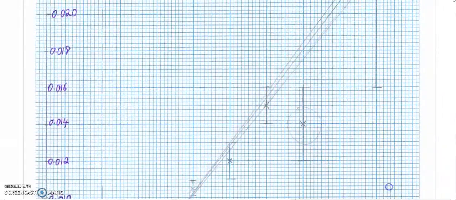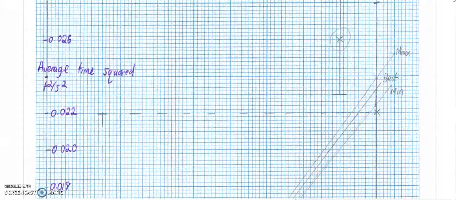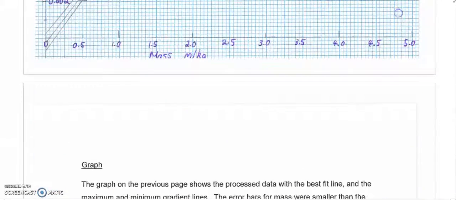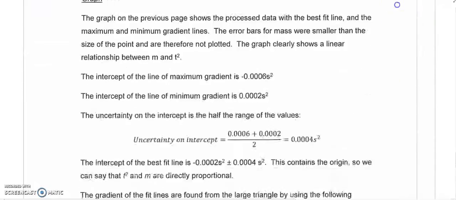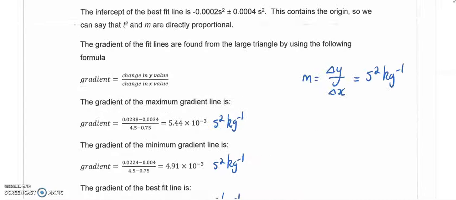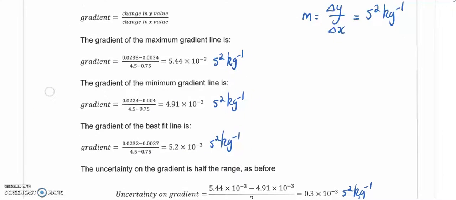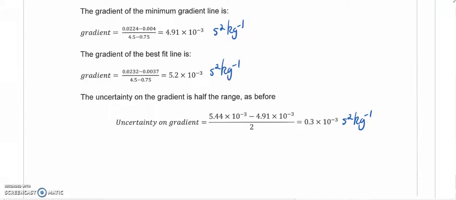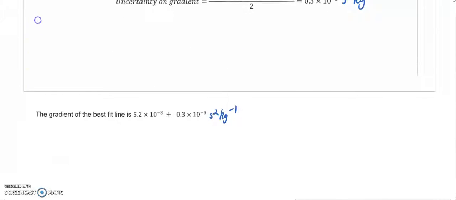So the unit would be seconds squared per kilogram, and I've put all those units in there. We have the gradients of the maximum and minimum gradient lines, which allows us to calculate the uncertainty on the gradient, and therefore to quote the gradient of the best fit line.